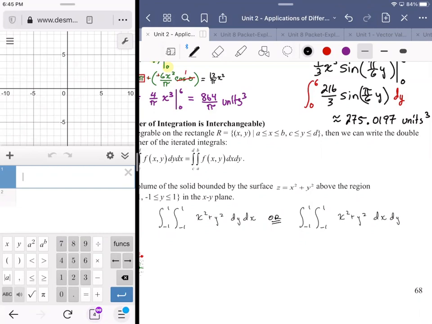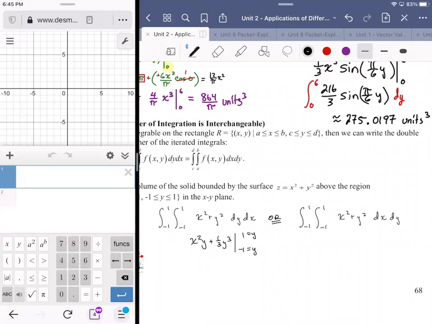All right. So I'm going to integrate with respect to first y, then x. So x squared y plus 1/3 y cubed. And that's over the interval of -1 to 1. All right, these are y values. This is y equals 1, y equals -1. So those are values we plug in. Plug in y equals 1 first.